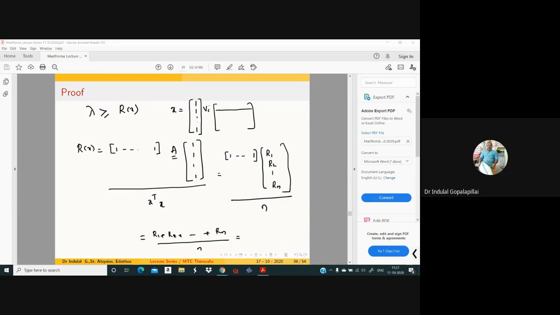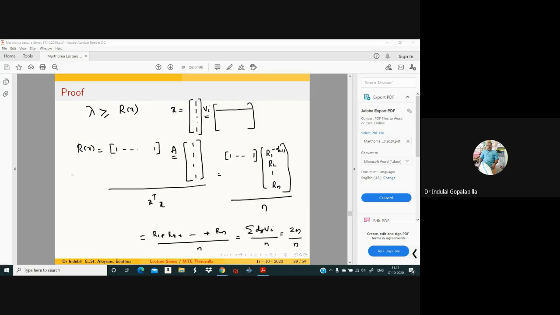So the number of ones in the row corresponding to Vi is the number of vertices to which Vi is adjacent. So R1 is the degree of V1, R2 is the degree of V2. So this is the sum of degrees by n. And from the first theorem in graph theory, the sum of degrees of vertices is twice the number of edges, and this is 2m by n.